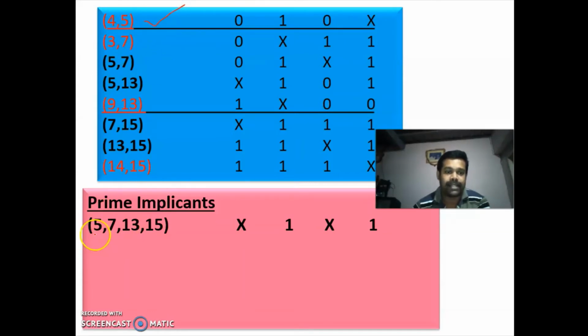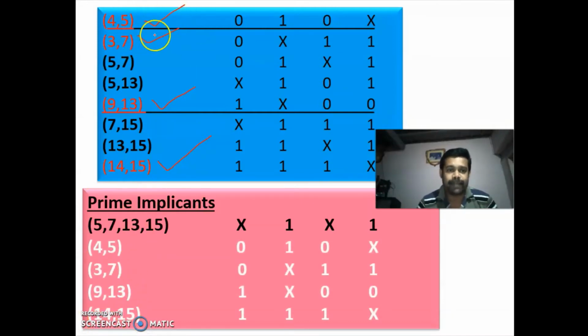Then 3 7 not present, put a tick mark. 5 7 is present here, 5 13 is present here, 9 13 not present, 7 15 is present here, 13 15 is present here, 14 15 is not present here. So after putting tick marks for the missing pairs, you have to add these pairs to the prime implicant you have got in step 4. So now we have added these prime implicants with this one.